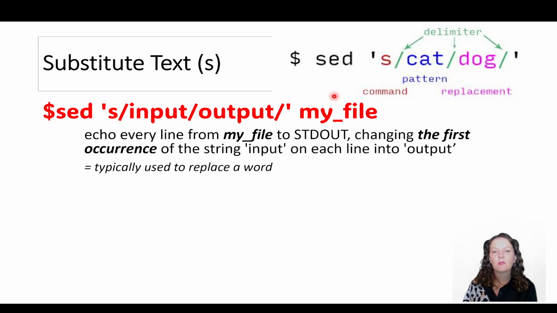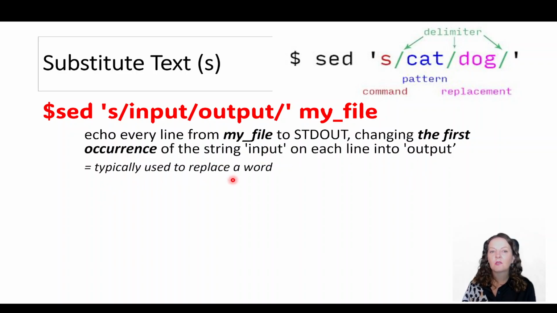But within a script, I need to tell it which file, making sure that file is residing in the same working directory as where I am. Otherwise, you need to give it your proper full path name, don't you? So echo every line from my file, employee.txt, to your standard output, your screen, changing the first occurrence of the string cat on each line to dog.